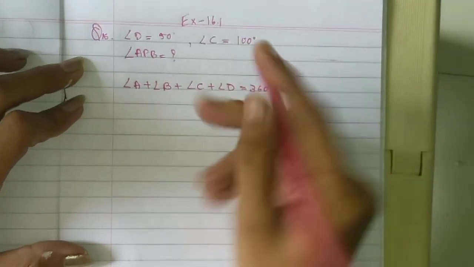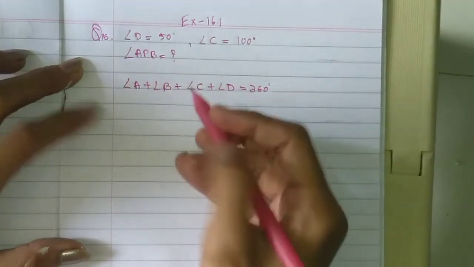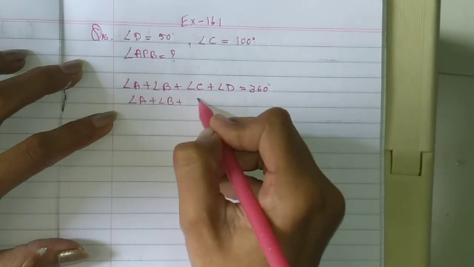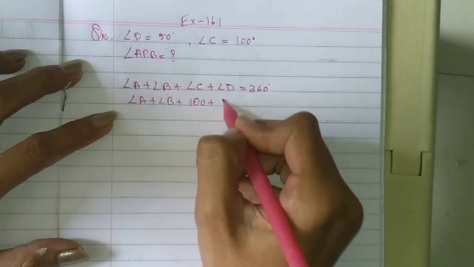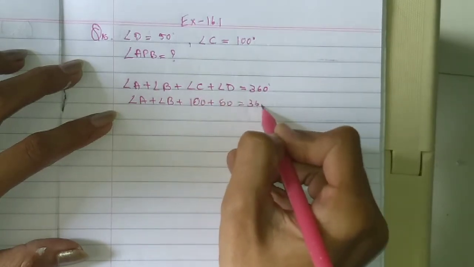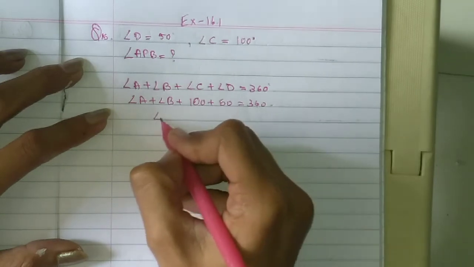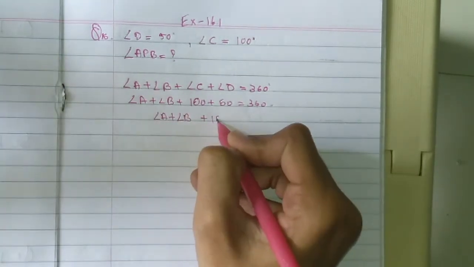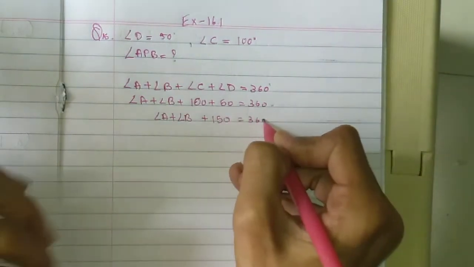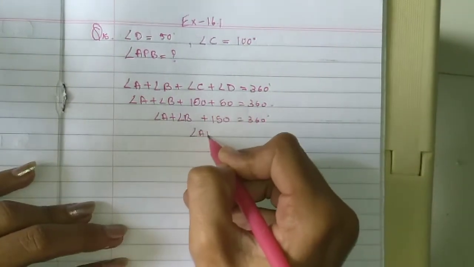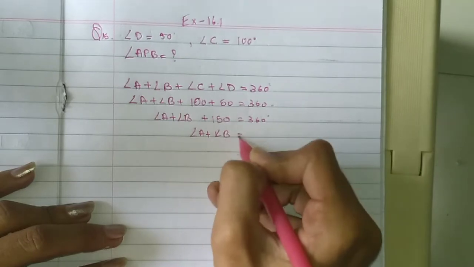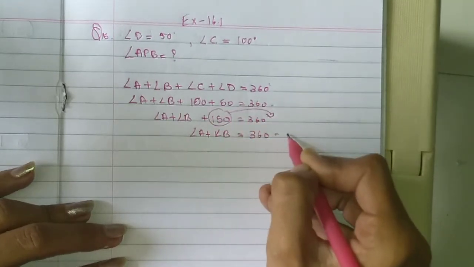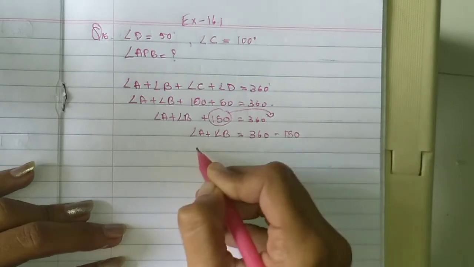Okay, we had given angle D and C. So we'll write the value: angle A plus angle B plus 100 plus 50 equal to 360. Angle A plus angle B plus 150 equal to 360. So angle A plus angle B equal to 360, this 150 goes over here, so minus 150.